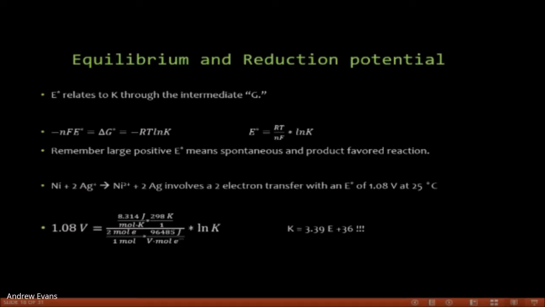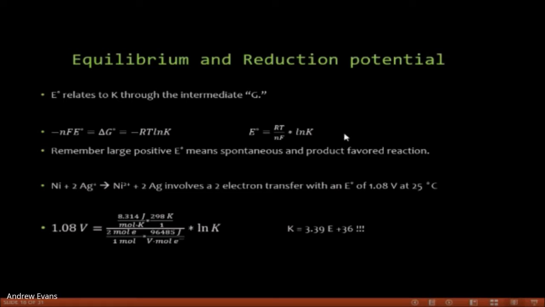And that equals the natural log of our K. So remember, a large positive E cell will mean a very spontaneous reaction. A large positive E cell would mean a K that is rather large, which means rather product favored.